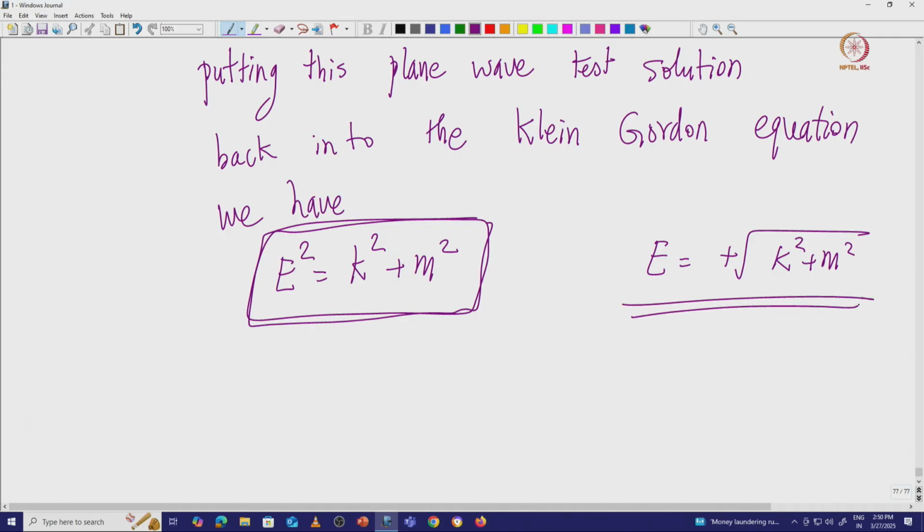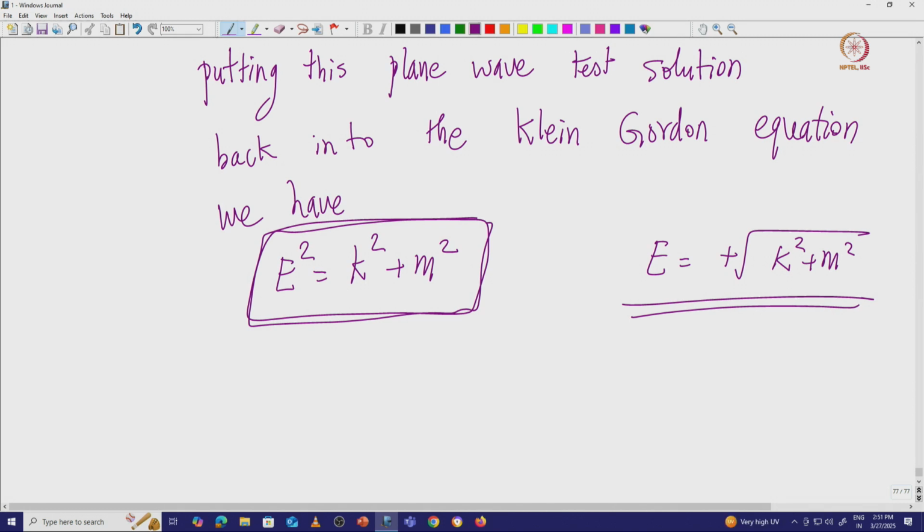So, it satisfies the energy momentum relation with the definition that E is equal to plus square root of k square plus m square. Now, this relativistic energy momentum relation, if you take the square root, both the solutions are possible, both positive and negative. Okay.